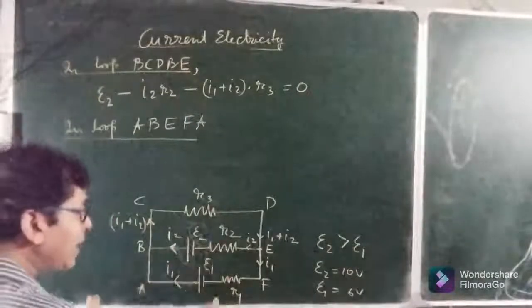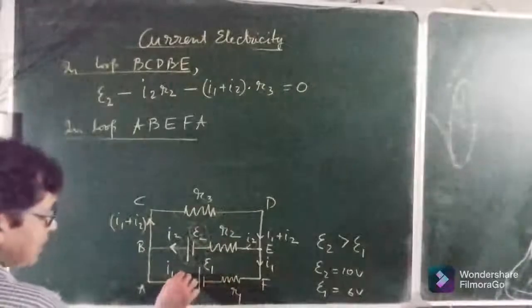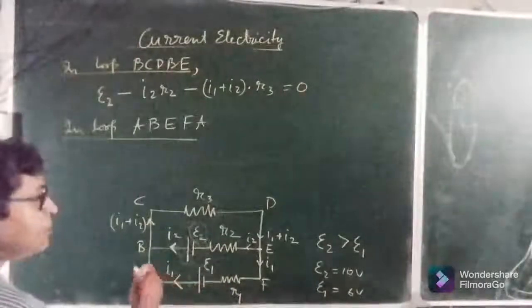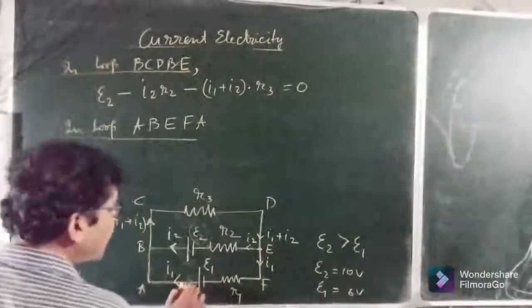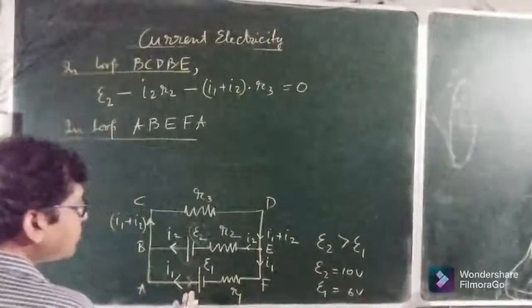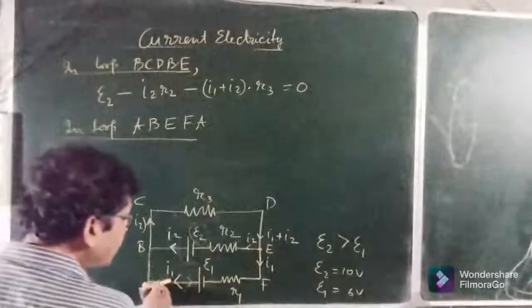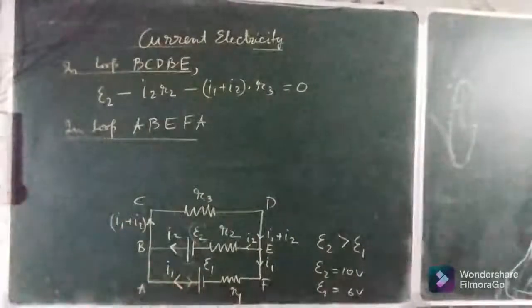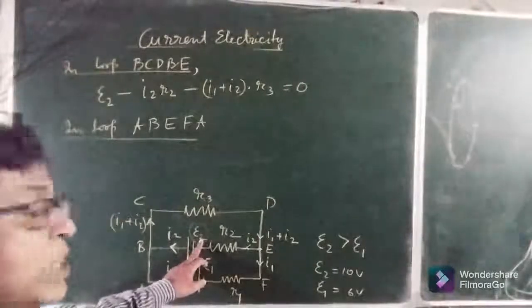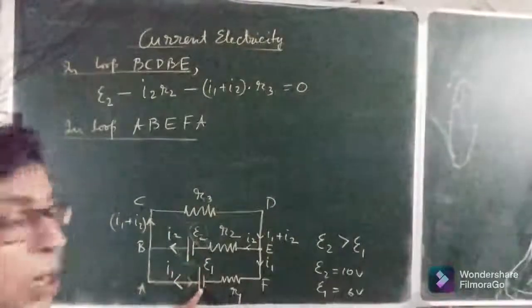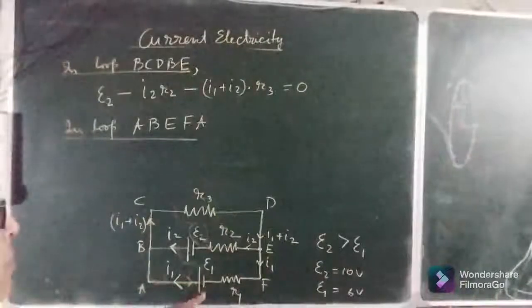Although in the diagram I1 is shown this way, in practical application you have to take I1 this way, and for this reason E1 is in charged condition. That means E2 is taken to be discharging and E1 is taken to be charging.